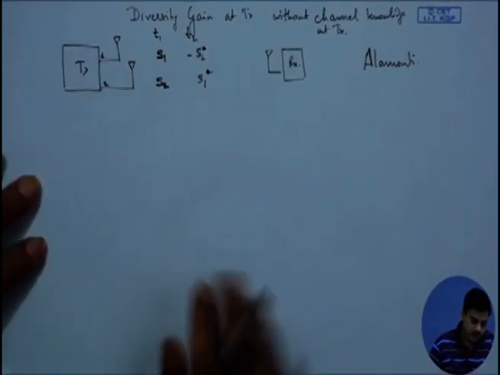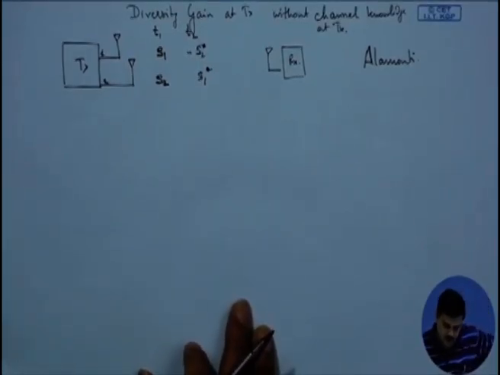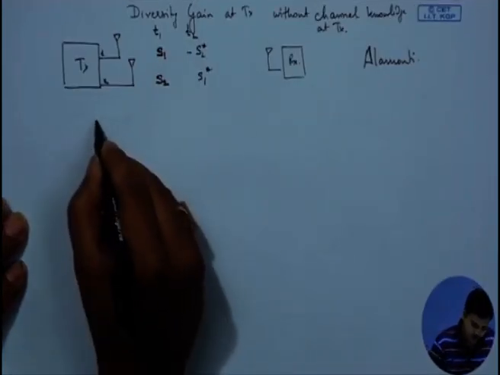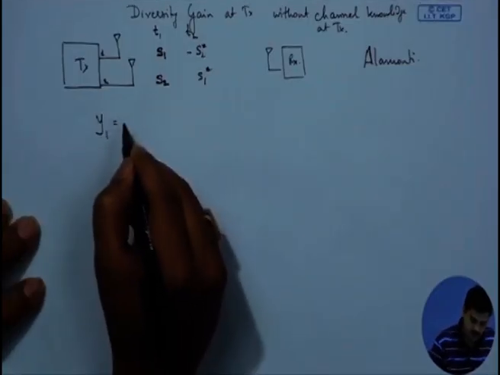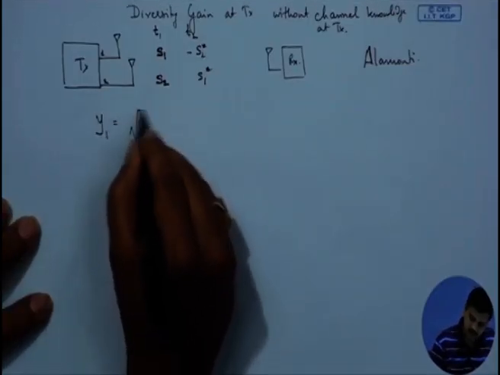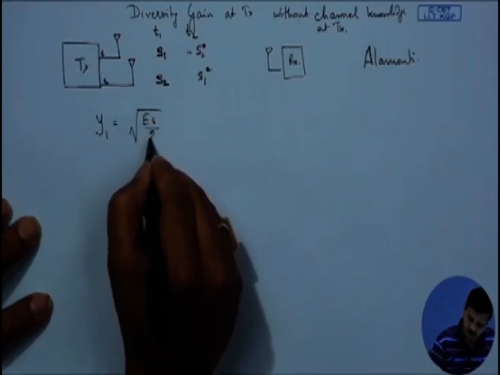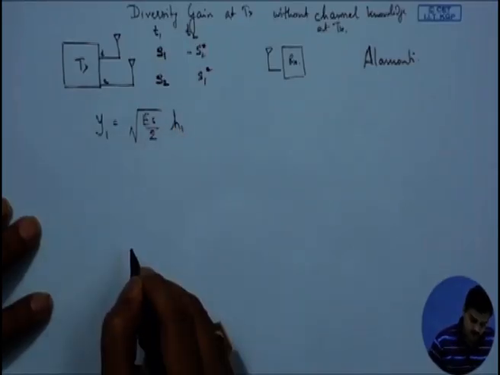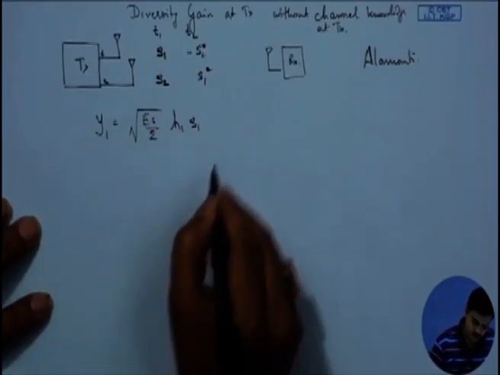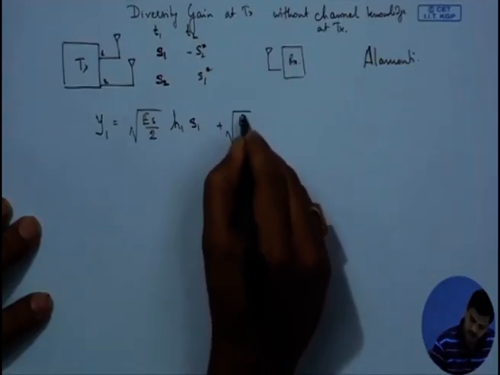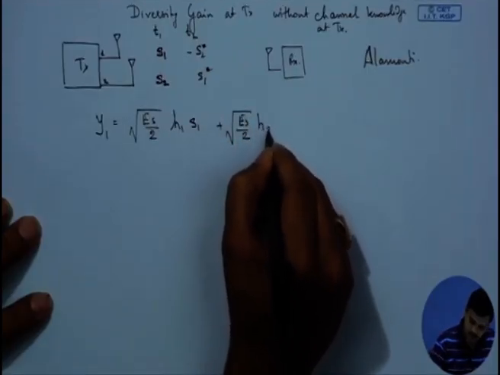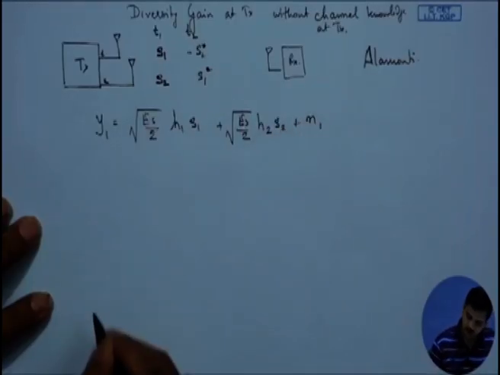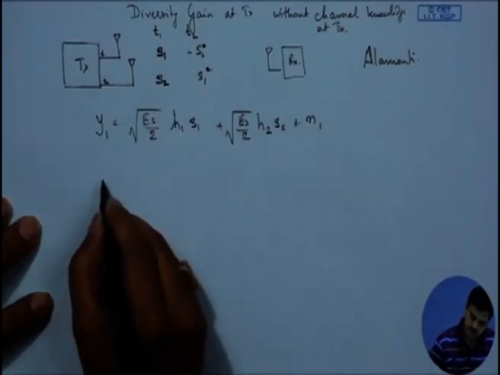When we receive the signal at the receiver, what we are going to see is that Y1, received in the first instant, is root over Es by 2, because we have 2 antennas and are dividing the power equally amongst them, times H1 times S1, plus root over Es by 2 times H2 times S2, plus N1. This is the noise in time instant 1.